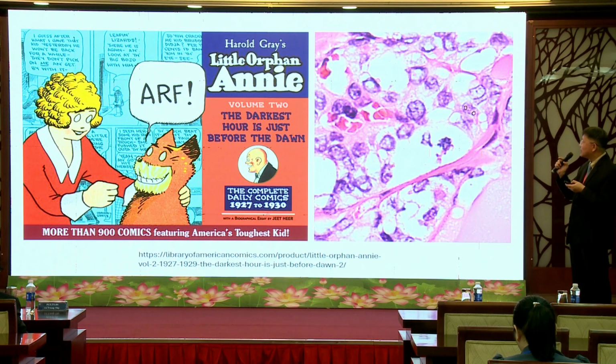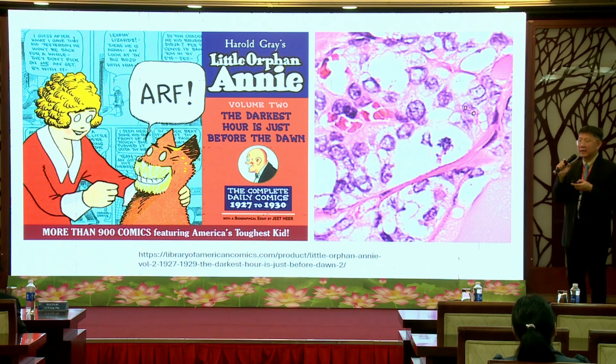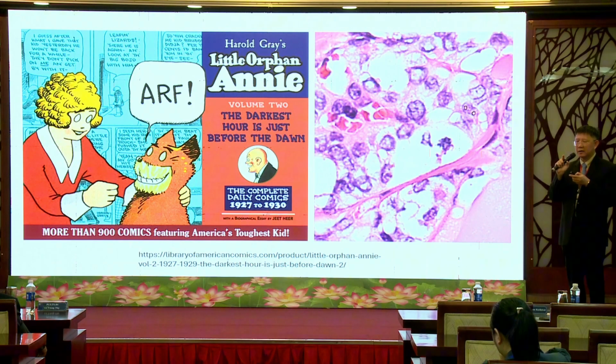But to me, Orphan Annie's eyes may not correspond to the real papillary thyroid carcinoma nuclei, because Orphan Annie's eyes are totally empty. But in reality, papillary thyroid carcinoma is not empty.